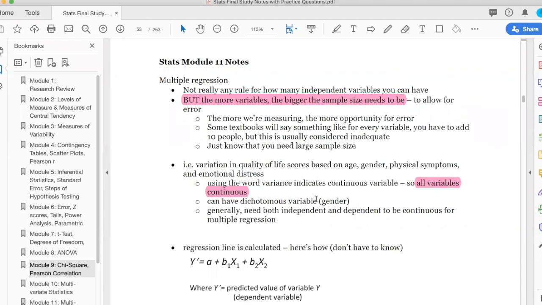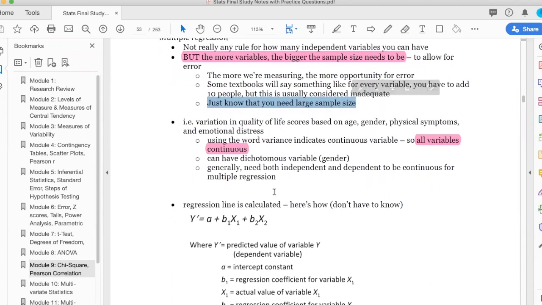Because we're measuring more variables, there's more opportunity for error. Some textbooks say you have to add 10 people for every variable or 15 people for every variable, but it doesn't really matter. You just need to understand that you need a larger sample size the more variables you have.